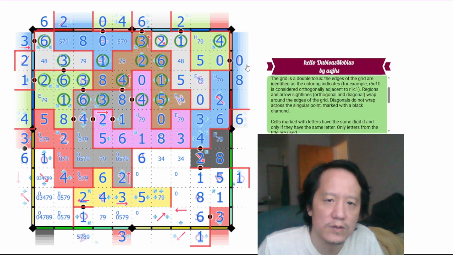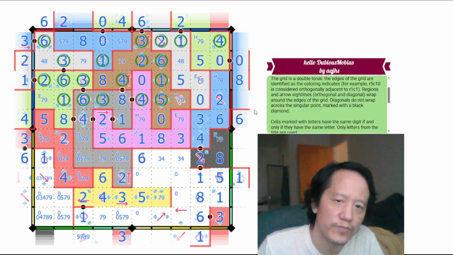So this is a border here. This is not a border. This is a border.